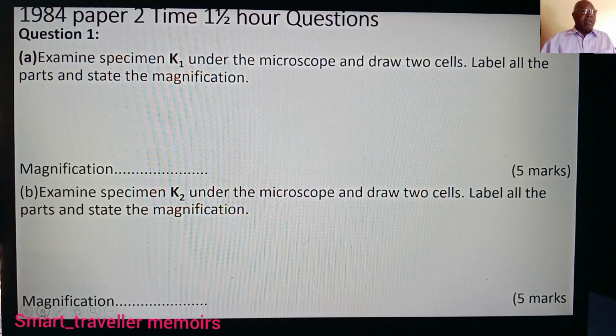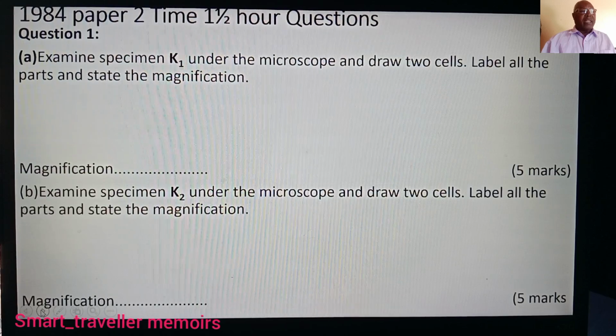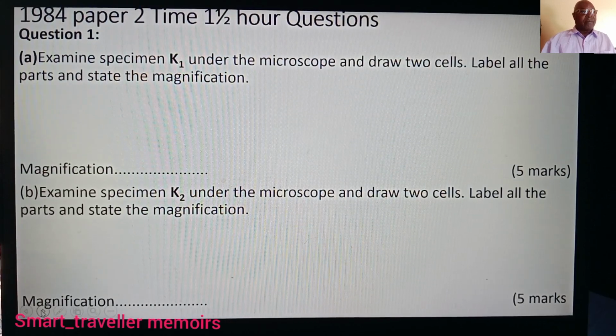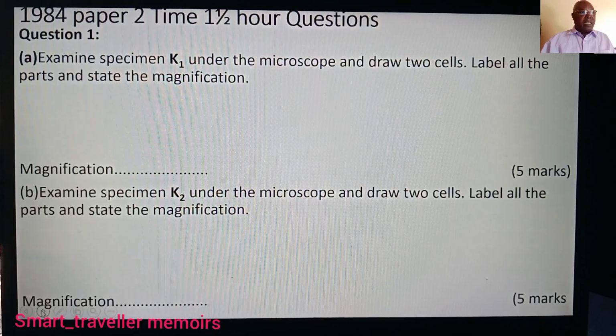In question 1, part A, you are supposed to examine specimen K1 under the microscope, and you draw 2 cells. Label all the parts and you state the magnification. Part B, you examine specimen K2 under the microscope and draw 2 cells.